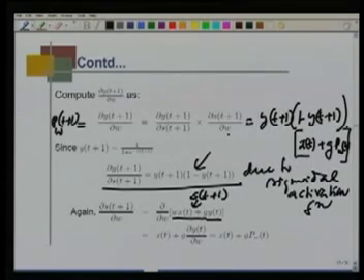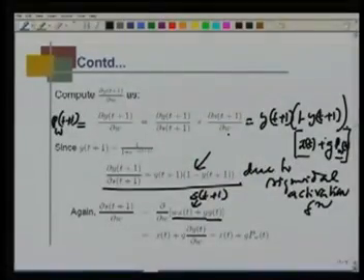So, what you are seeing is that Pw(t+1) is written in terms of Pw(t). The gradient information at t plus 1 is a function of the gradient information Pw(t). If I have the gradient information at t, I can easily compute the gradient information at t plus 1.